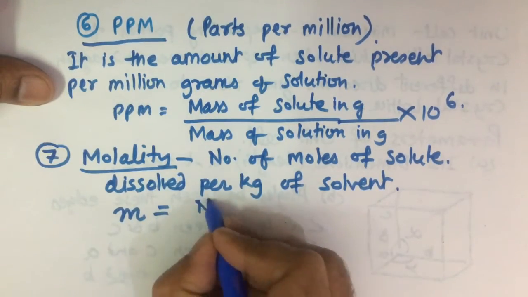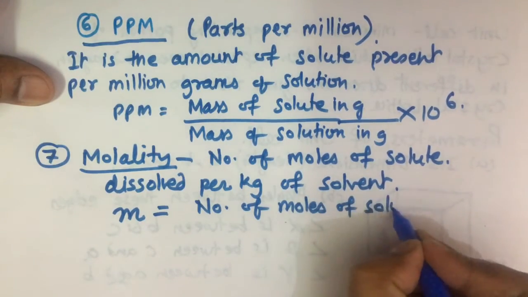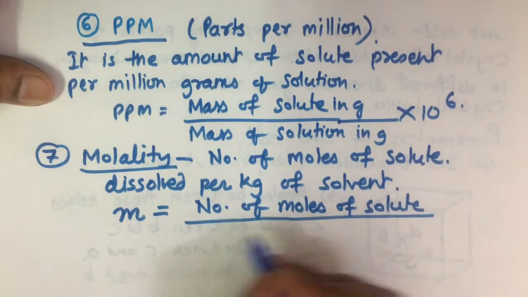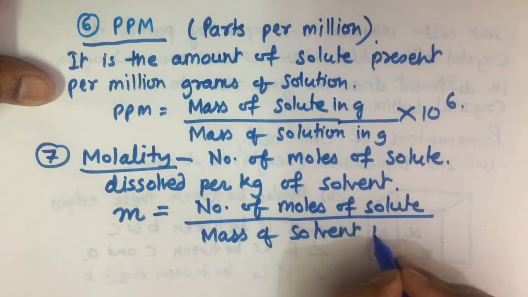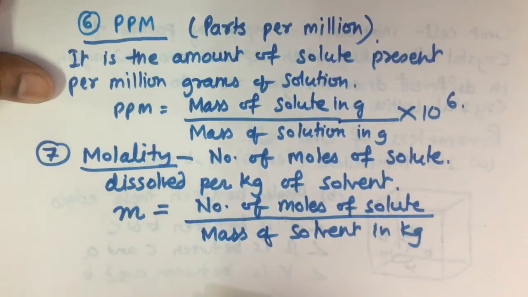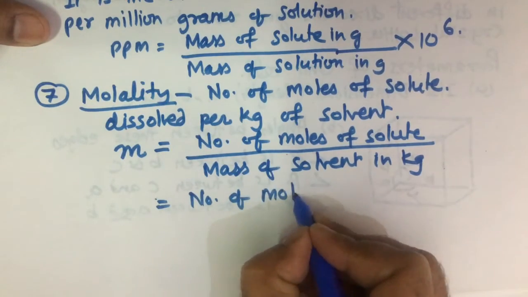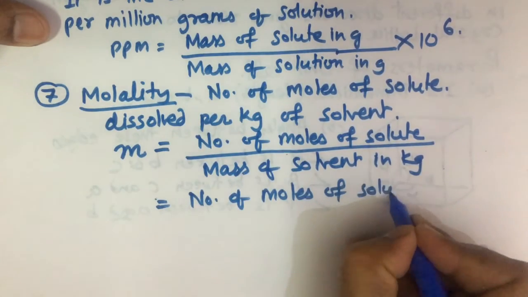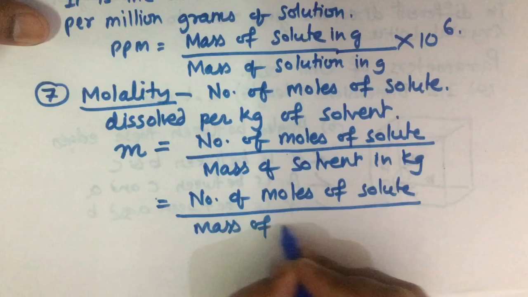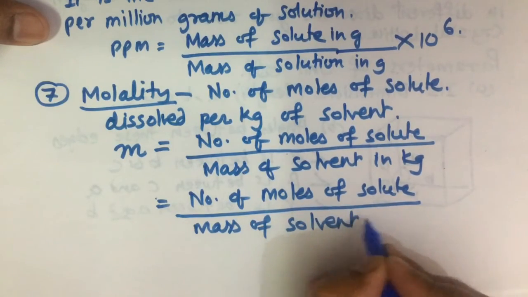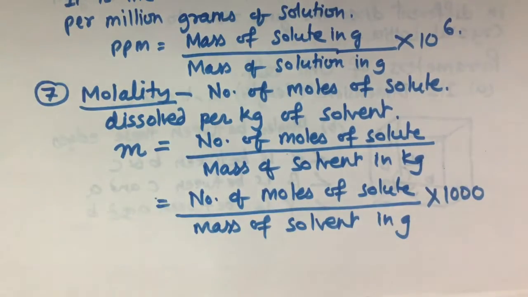Molality is number of moles of solute upon mass of solvent in kg, or number of moles of solute upon mass of solvent in grams multiplied by 1000.